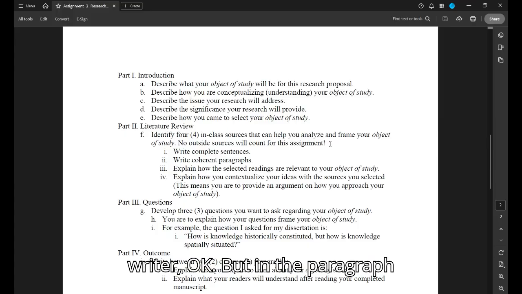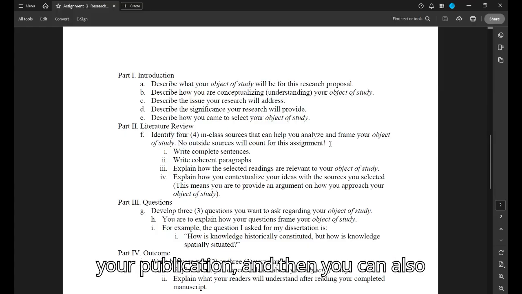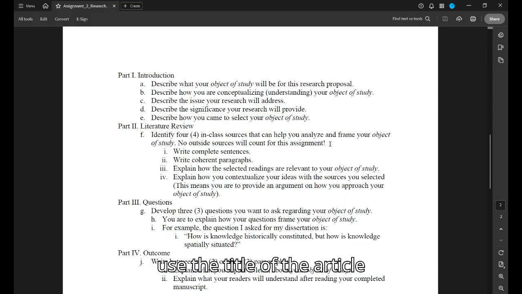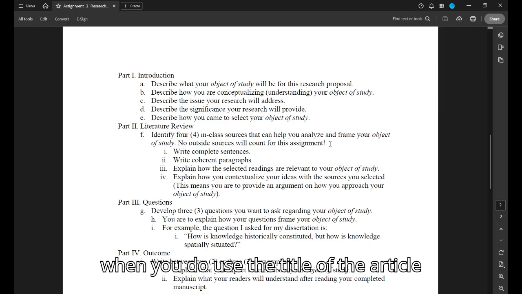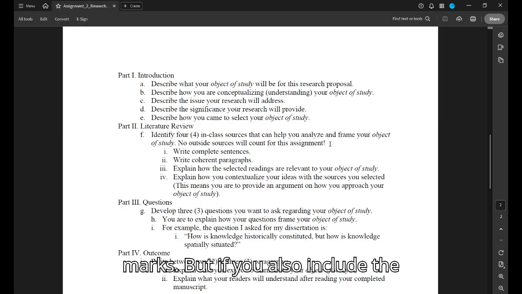Okay, in the paragraph you're going to introduce the name and the publication year, and then you could also use the title of the article or the title of the chapter. When you do use the title of the article or the chapter, you put that in quotation marks.